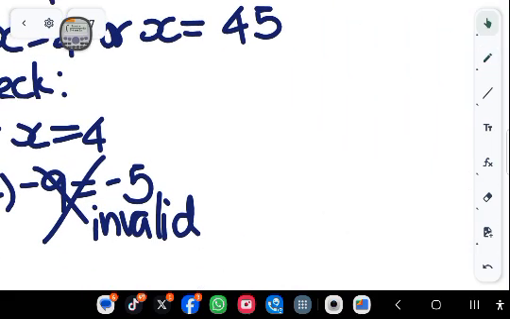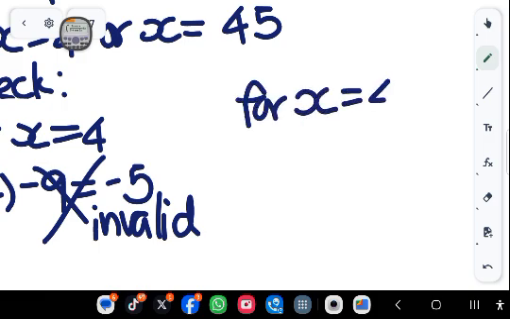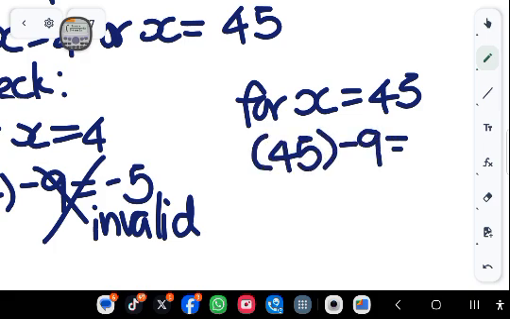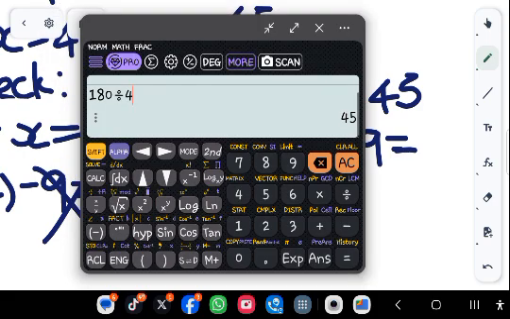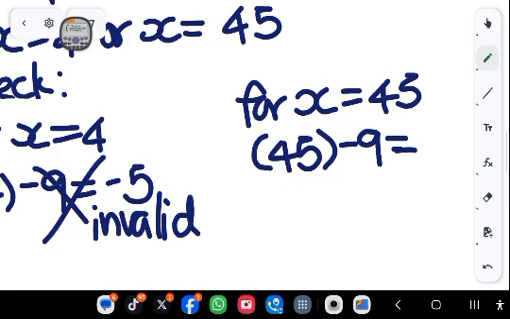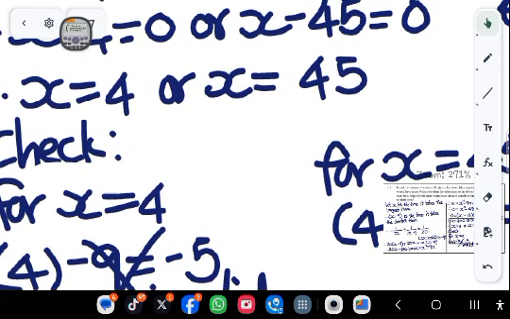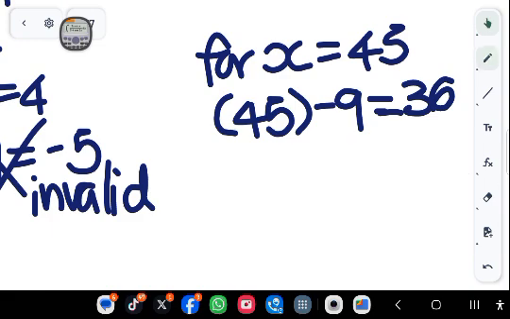Okay, and then for the other one, x equals 45. 45 minus 9 will take us what? 45 minus 9 gives us 36. All right, this one is a valid one.